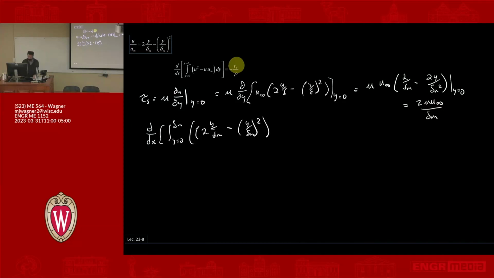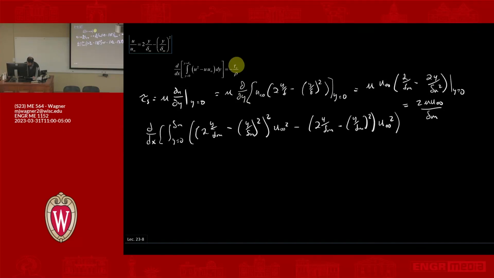The first thing was u squared, right? So this is u squared here, and that's all times u infinity squared, minus the quantity 2y over delta m minus y over delta m squared. That's u times u infinity squared.